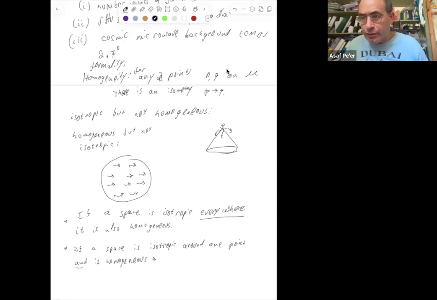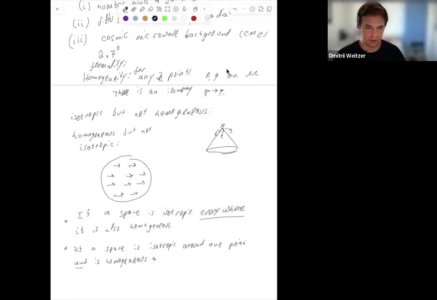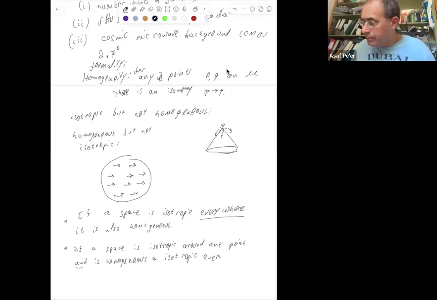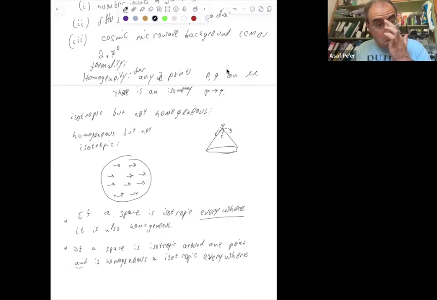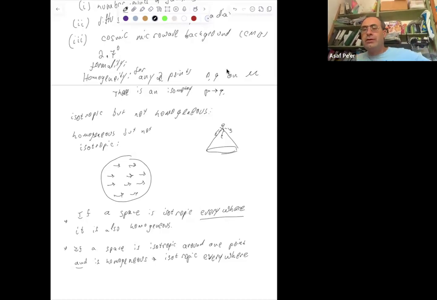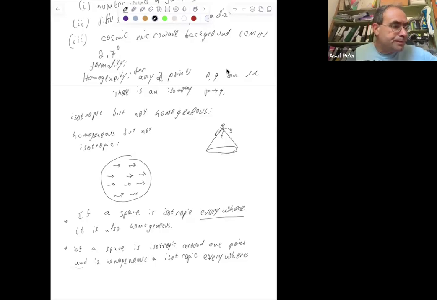Then it's isotropic and homogeneous in the vicinity of the point. Isotropic everywhere. Okay, so think a little bit about that. It's not too complicated. It's just two different terms.